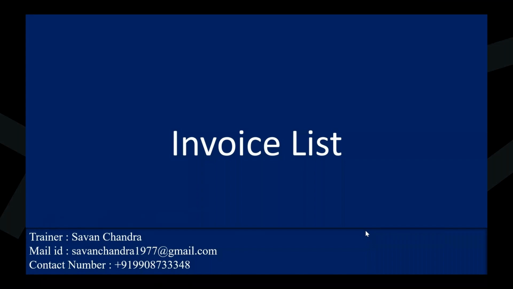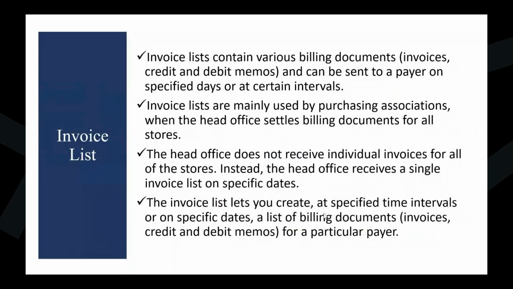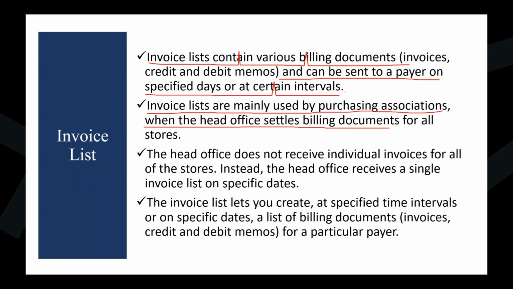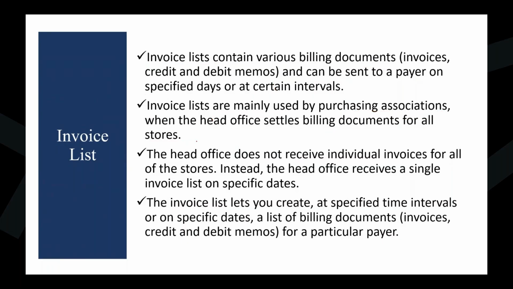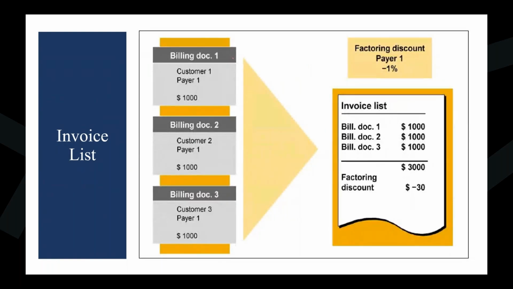So we'll continue with the invoice list. What is this invoice list? An invoice list contains various billing documents and can be sent to a payer on specified days or at certain intervals. Invoice lists are mainly used by purchasing associations when the head office settles billing documents for all stores. Suppose you have a customer having three stores.